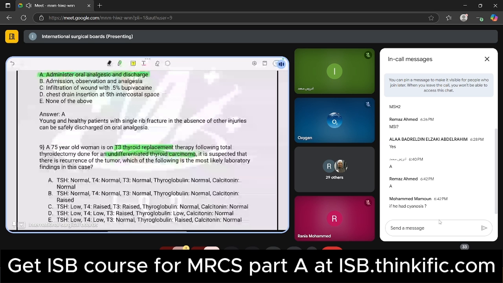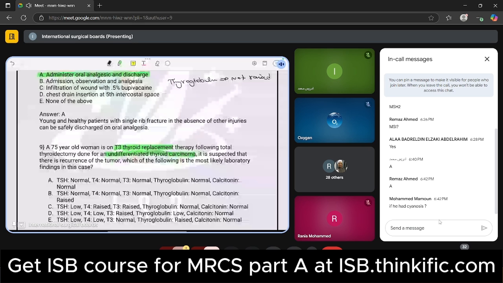So thyroglobulin, we'll write here, thyroglobulin will be not raised, right? That's one thing to keep in mind. Okay, this patient had total thyroidectomy, so that means that their endogenous T3 and T4 production is low, or is absent basically, but he's on T3 replacement.